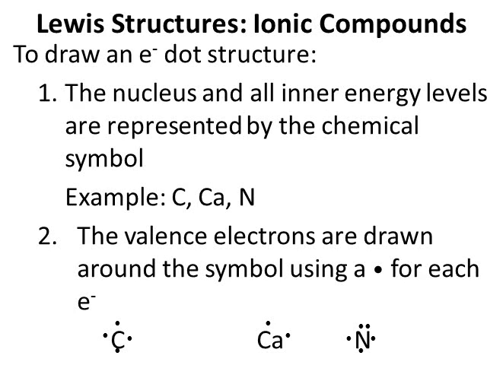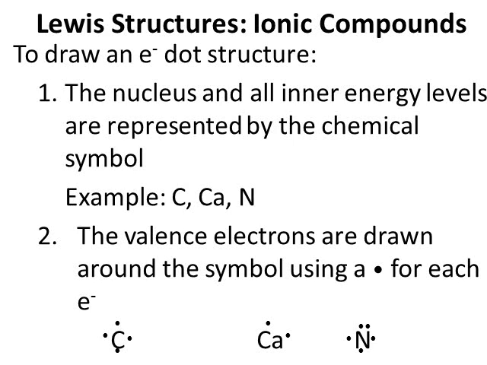To draw a Lewis structure or an electron dot structure for an ionic compound, the nucleus and all of the inner energy levels are going to be represented by the chemical symbol from the periodic table, like C for carbon or Ca for calcium or N for nitrogen.